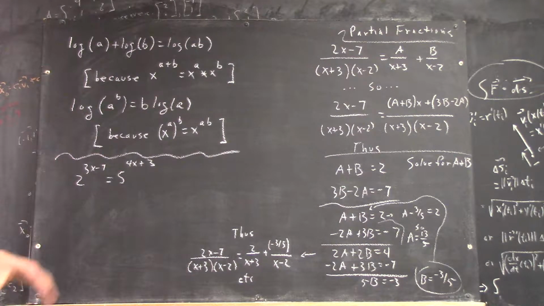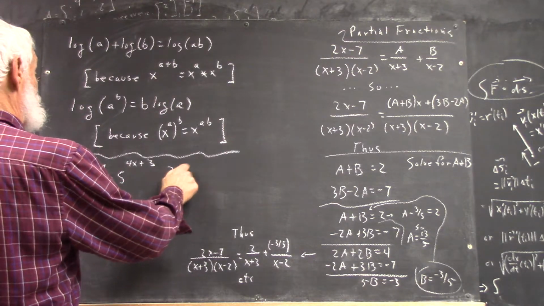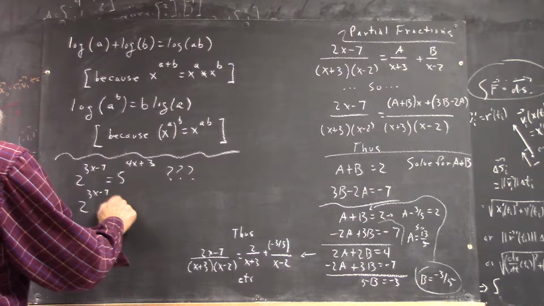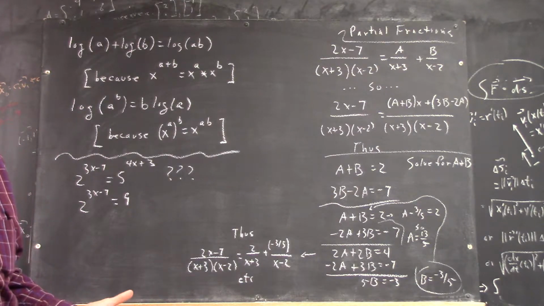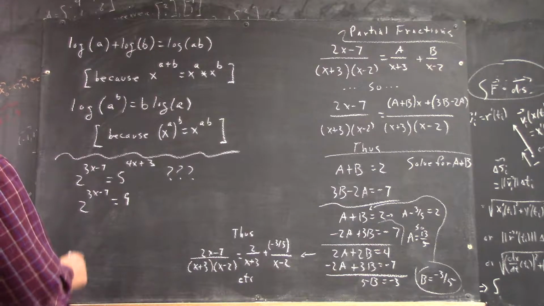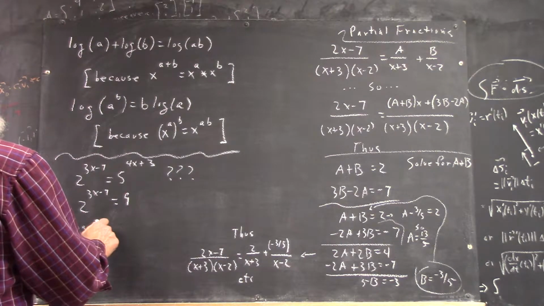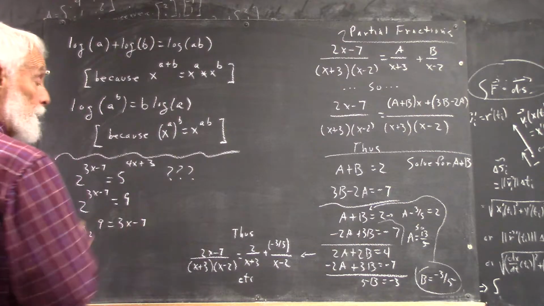Now, you know how to solve an equation if it was 2 to the 3x minus 7 equals 9. You solve that easily, right? You just translate that to logarithmic form, and you get log base 2 of 9 equals 3x minus 7.